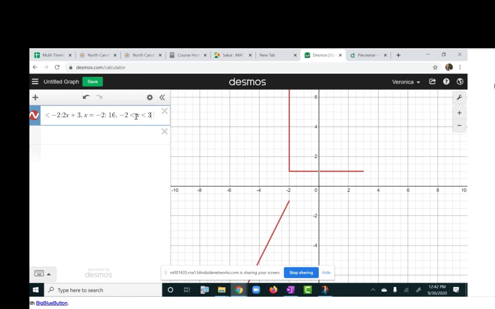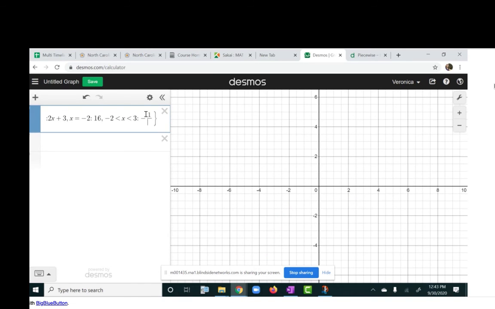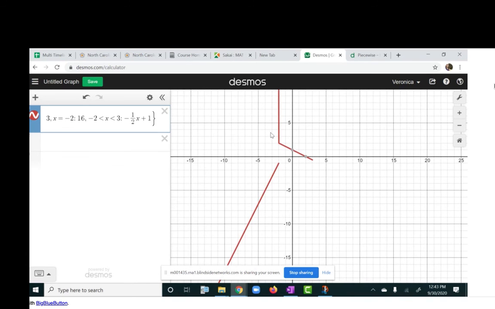So that's my condition, and my function was -1/2 x plus 1. Okay, and that's my function.